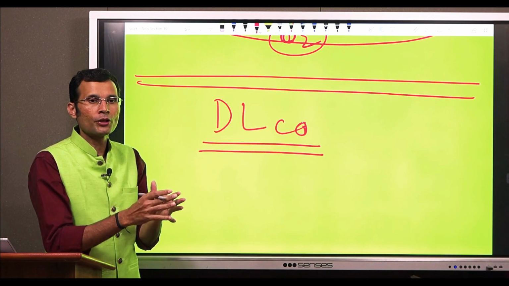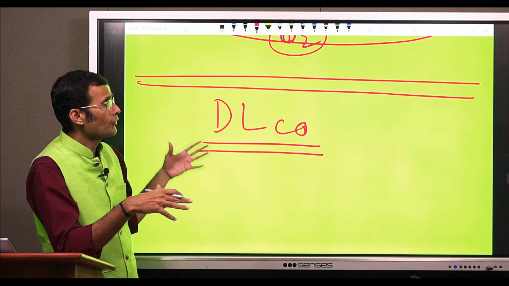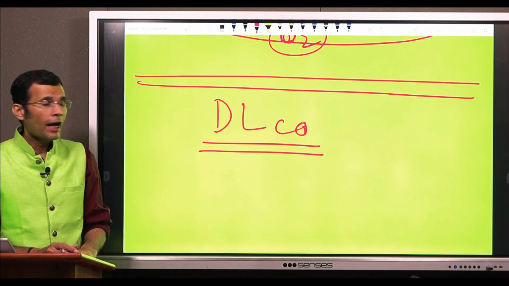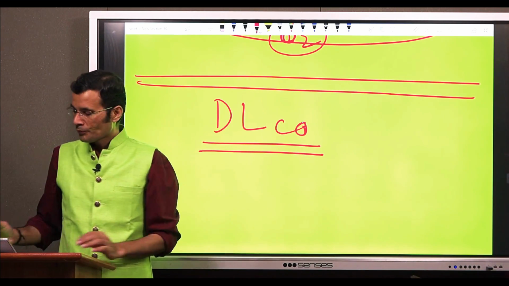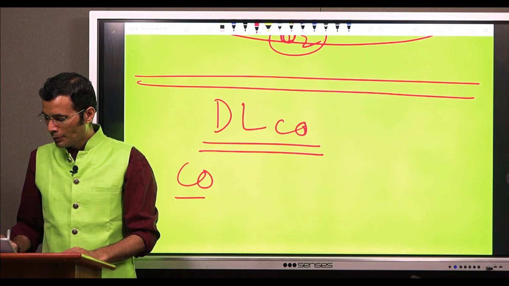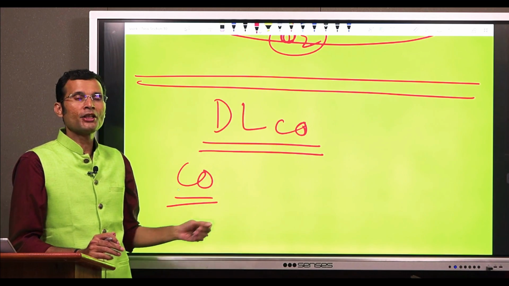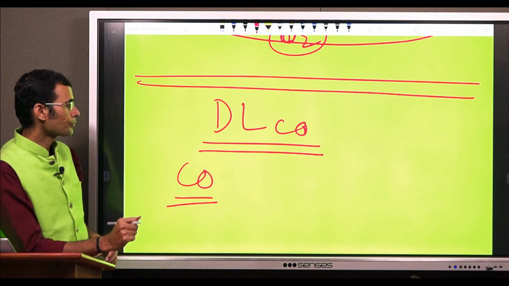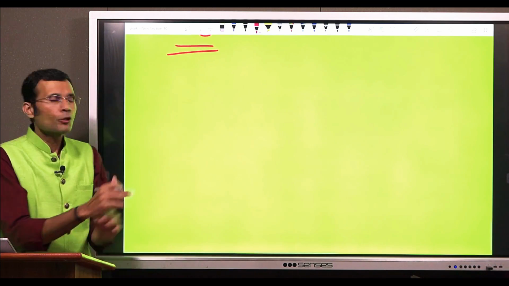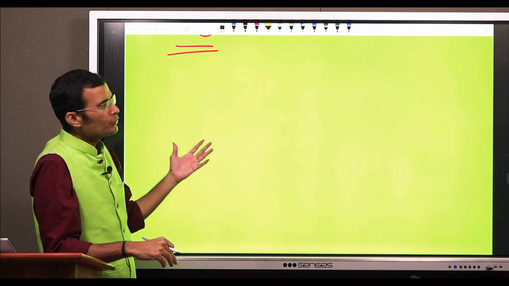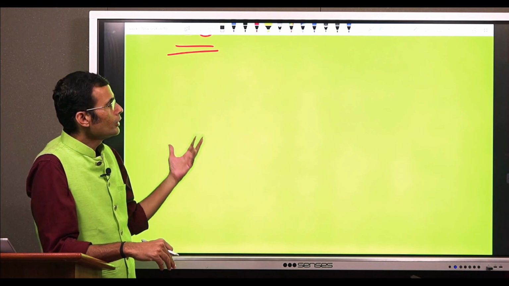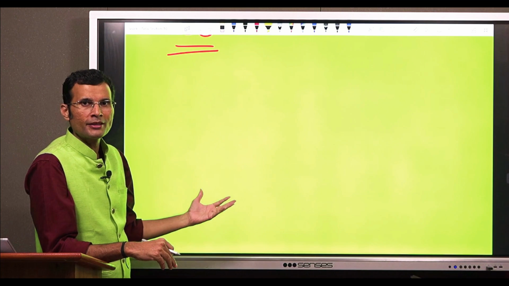This is how it is denoted. And the first point is, we can use carbon monoxide to measure the diffusing capacity of the respiratory membrane. The question is why? Why do we use carbon monoxide to measure this diffusing capacity?